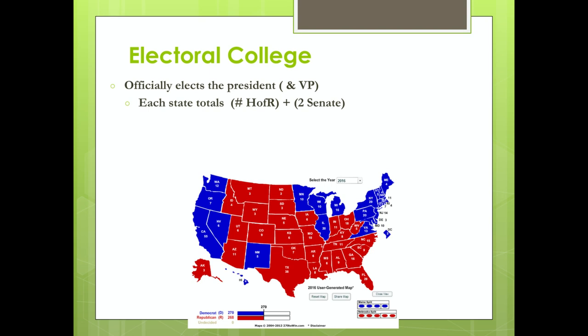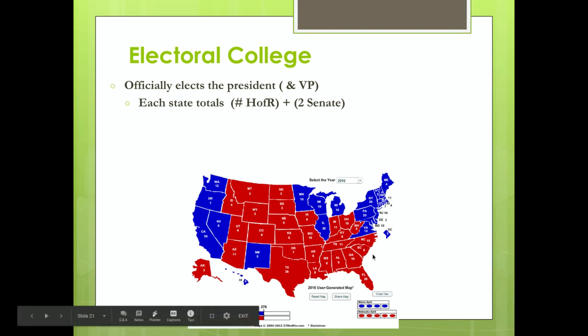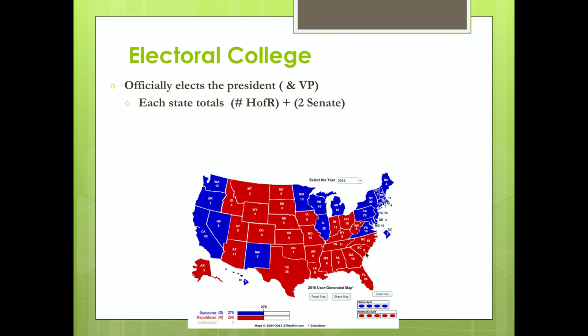If you look down at the bottom, you can see how that plays out. South Carolina has 9, which means that South Carolina has 7 House of Representative members and 2 senators. Georgia, on the other hand, has 16, which means they have 14 House of Representative members and 2 senators.